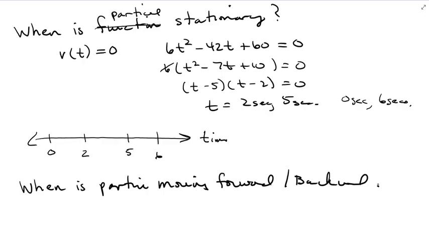So you need to determine what's happening within these time intervals. In other words, what is going on with my particle between 0 and 2 seconds? You can also look at velocity. Velocity is going to be positive when it's moving forward and negative when it's moving backwards.